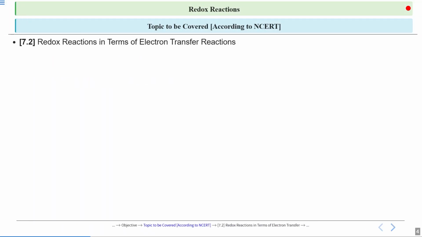So the topics that we are going to cover in this section are 7.2, the redox reaction in terms of electron transfer reactions. Then 7.2.1, that is competitive electron transfer reactions.